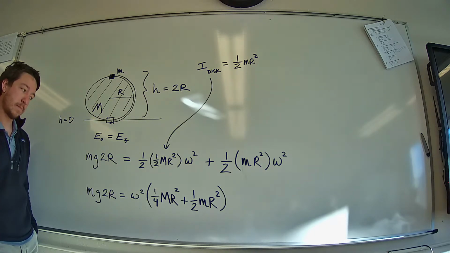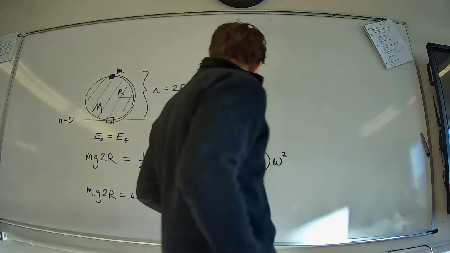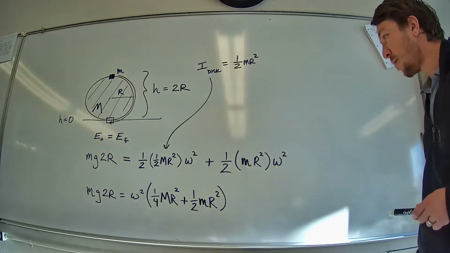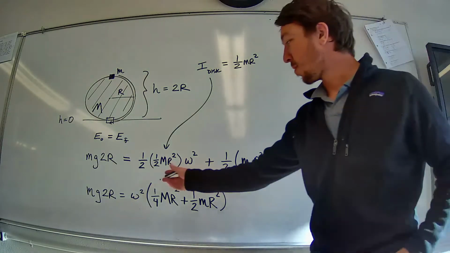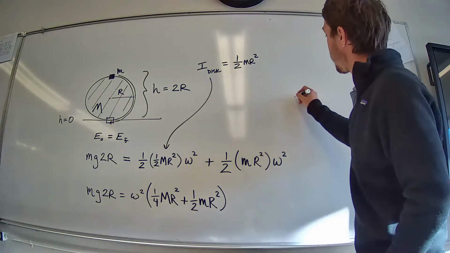You okay about that? And then your last step is to divide both sides by this whole mess and take the square root.